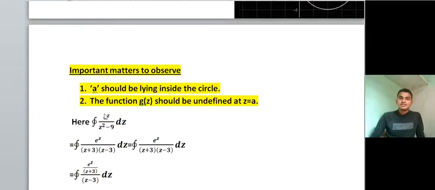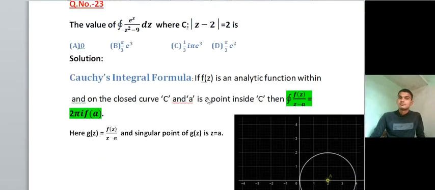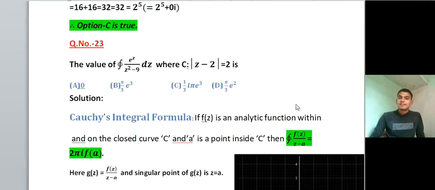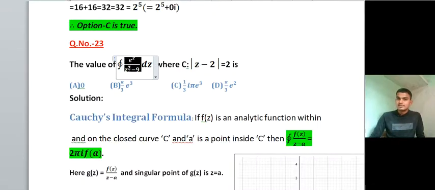Here there are two very important things to observe. You can see this is f(z)/(z - a), and the closed integration of e^z divided by (z^2 - 9). So this function will be written in this form, f(z)/(z - a).